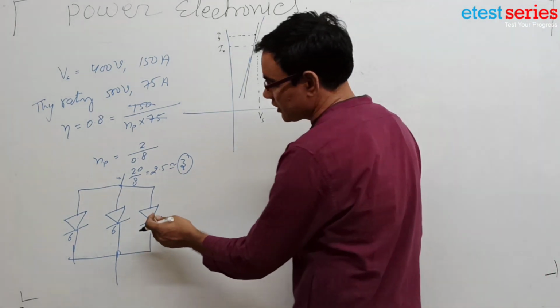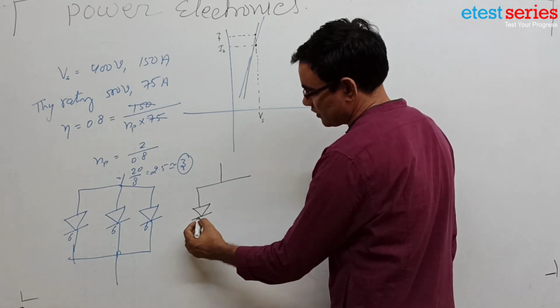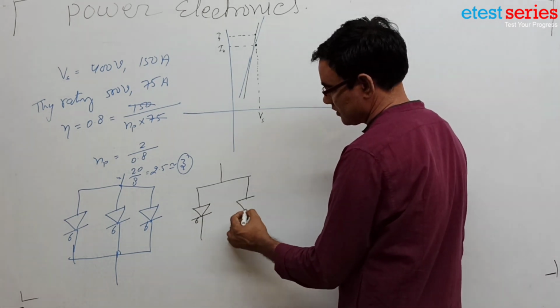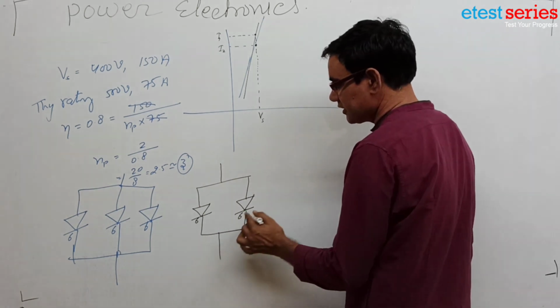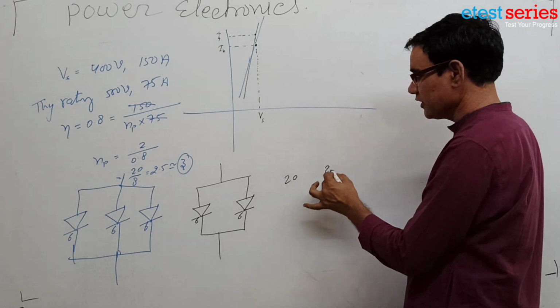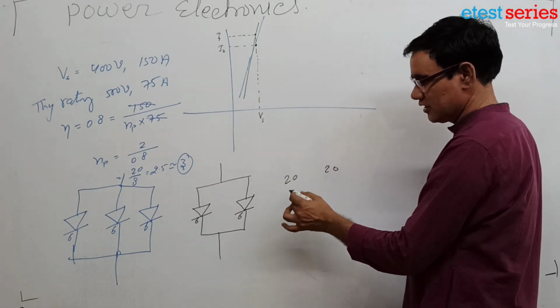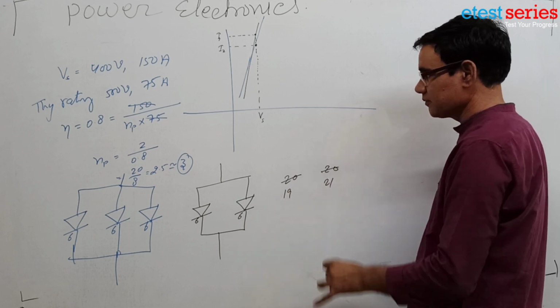Suppose there are 2 SCRs and the current should be 20 and 20. But one does not carry 20, it carries 19, and the other carries 21.